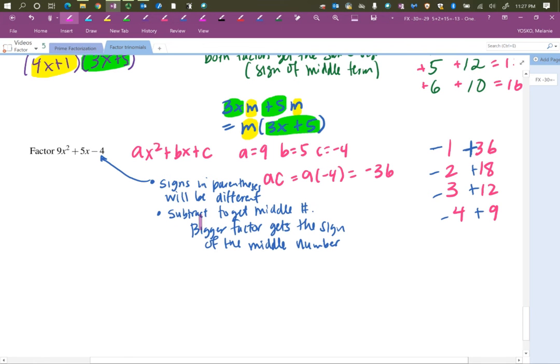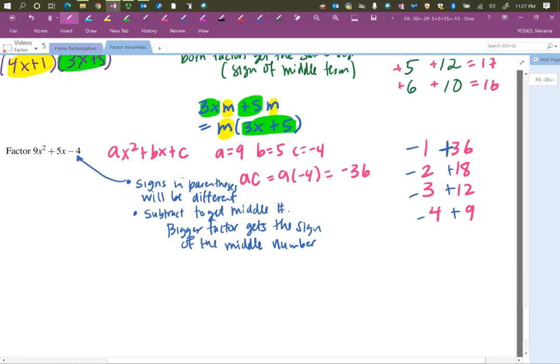Then it says we're going to subtract. And that's what we're doing, right? If we combine these and one is a positive, one's a negative, we subtract and we keep the sign of the bigger one. So negative 1 plus 36 is 35. Negative 2 plus 18 is 16. Negative 3 plus 12 is 9.